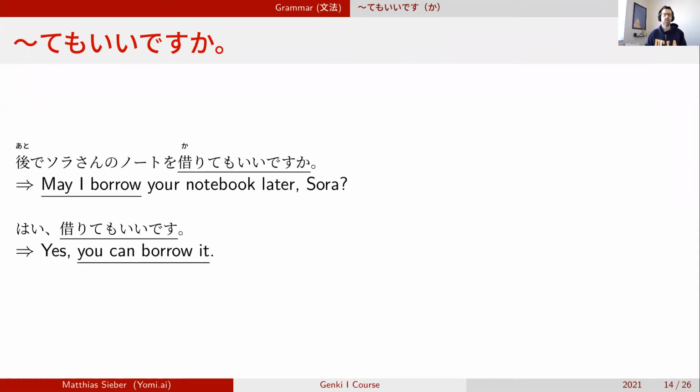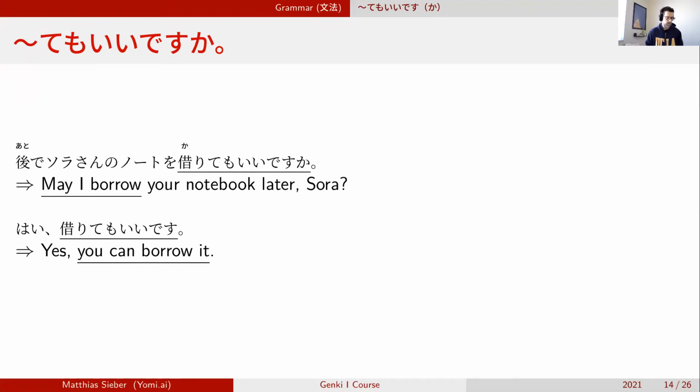We had in the dialogue essentially, 後でソラさんのノートを借りてもいいですか? May I borrow your notebook later, Sora? So the 借りてもいいですか means essentially, may I borrow? 借りる is a ichidan verb, so the te form is karite. So we have to borrow in its te form, followed by mo ii desu ka, meaning may I borrow.